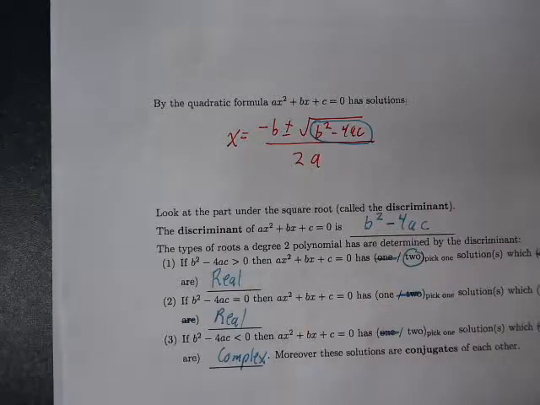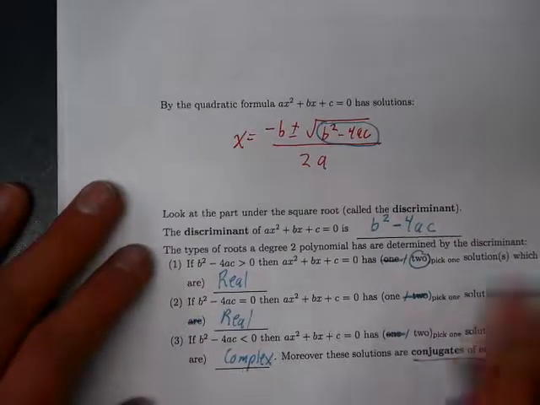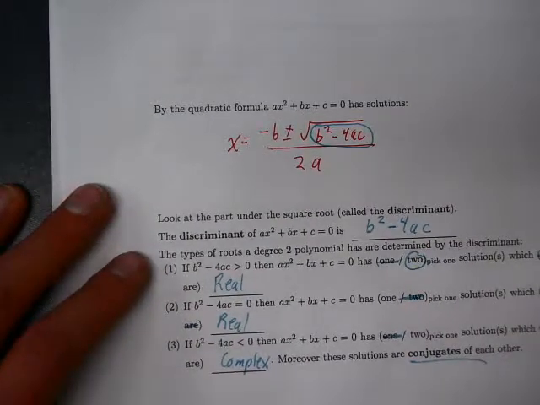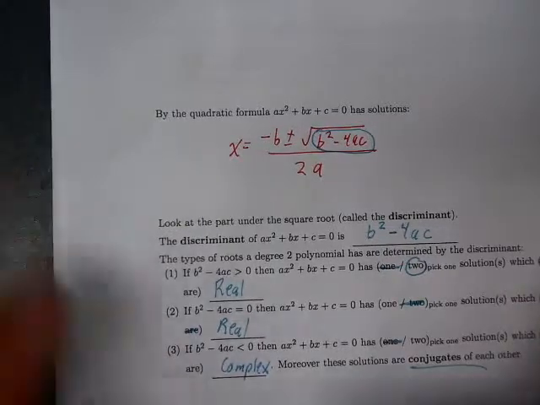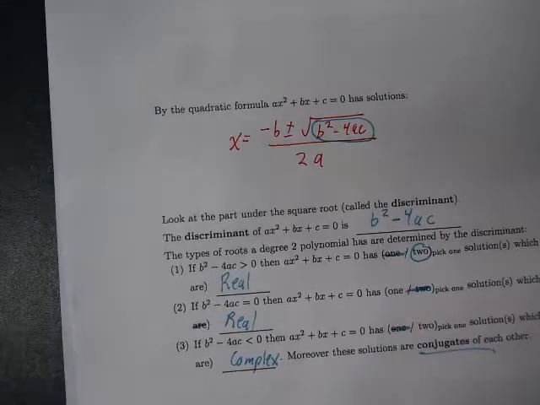Their imaginary parts are strictly opposite. They're conjugates of each other. So that's kind of handy. If someone hands you a degree 2 polynomial and you multiply together the two roots, you will always get a real number. Nice.